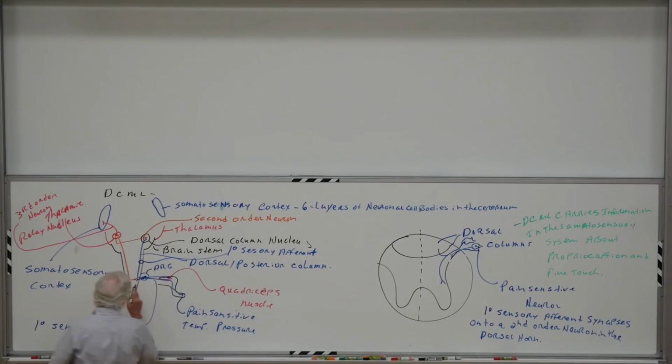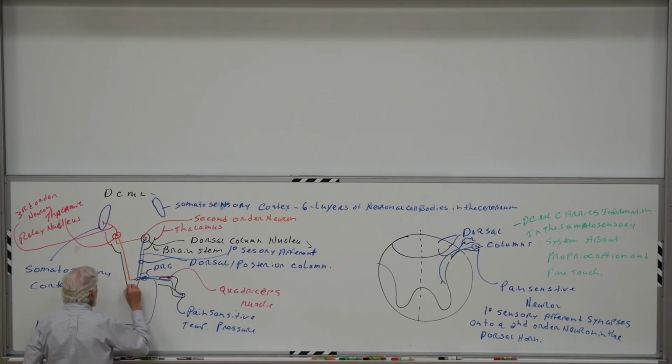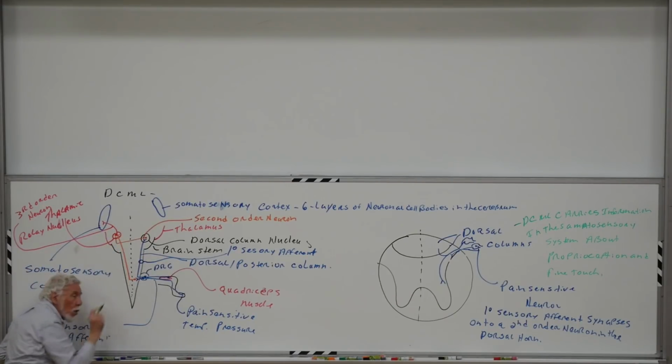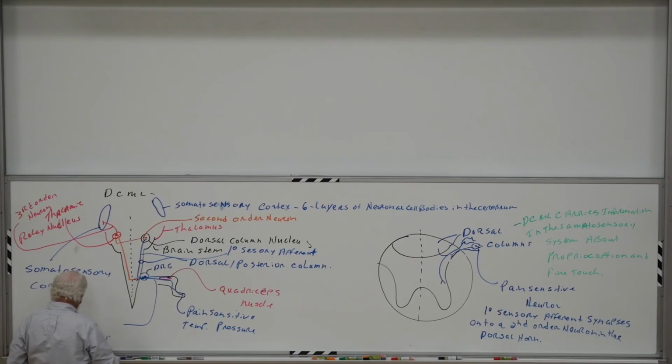Then that second-order neuron, as all second-order neurons do, crosses over the midline. The dotted black line is the midline. It goes all the way to the thalamic relay nucleus, and then in the thalamic relay nucleus, the second-order neuron synapses onto a third-order neuron, and then that sends a process all the way into the somatosensory cortex.